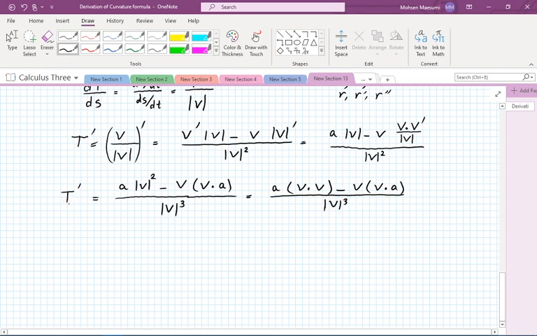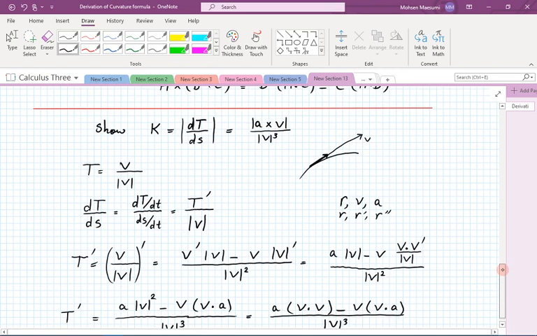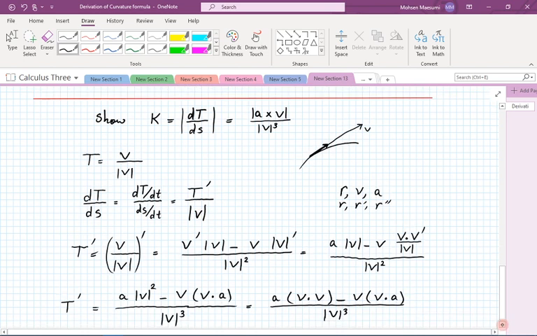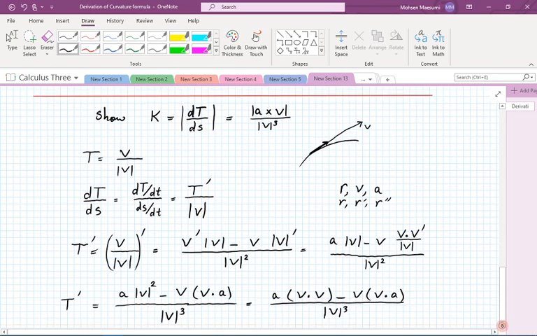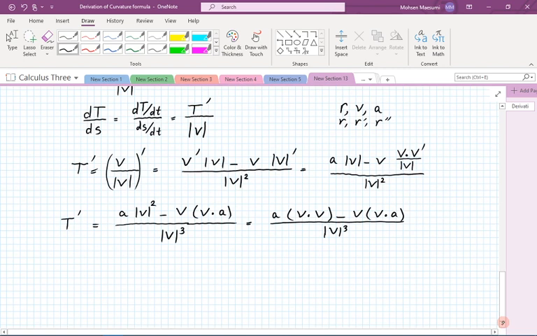What do I need to do with this thing? Well, here's what we need to do. I need to divide it by |v| and then take absolute value of it, in either order. Let's go ahead and take the absolute value first. I pay attention to the following: T prime.